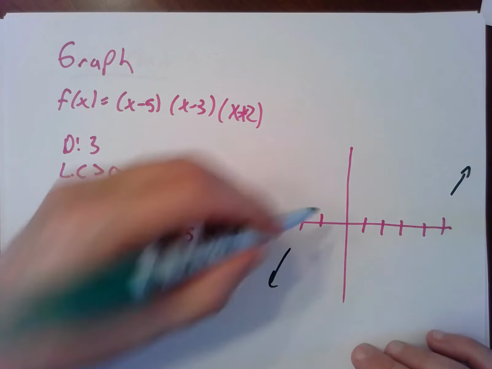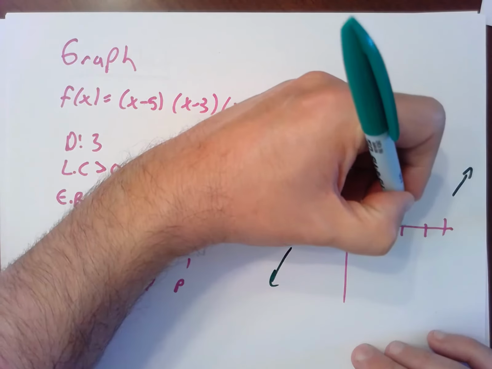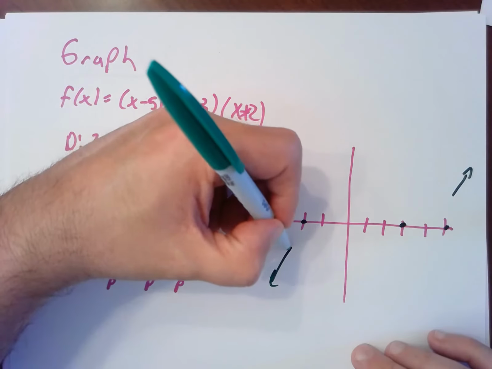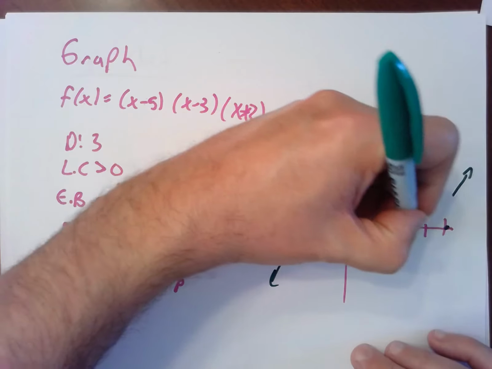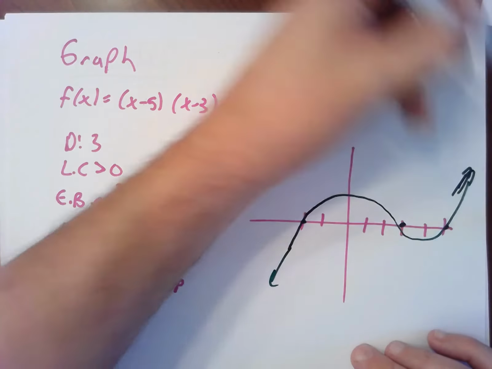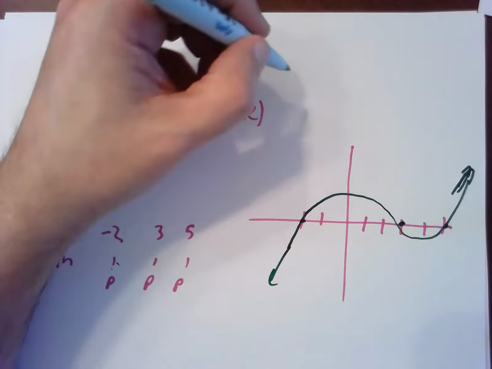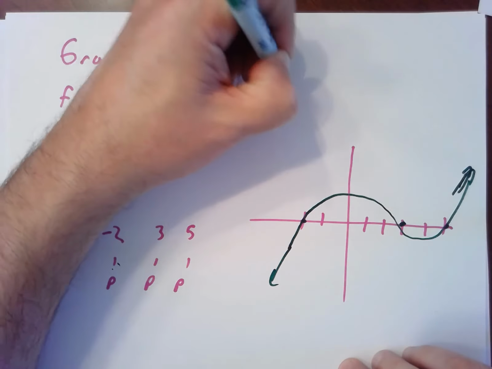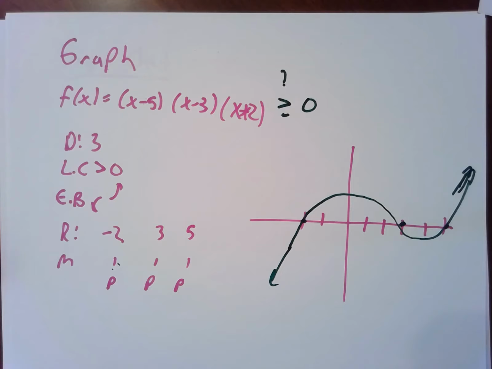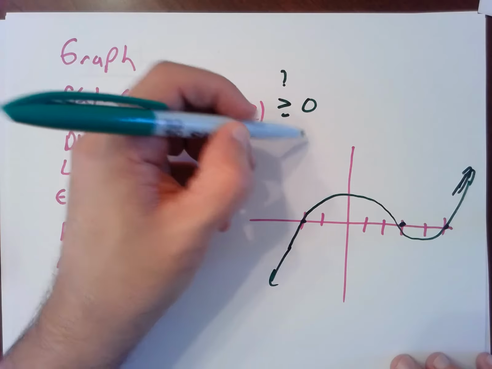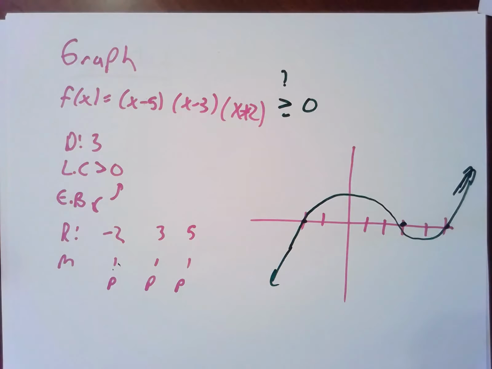There's my end behavior. Here are my roots. And I'm supposed to pass at each one. Oh, kind of missed there. And now what I'm trying to answer is where is this positive? So I could look at the picture itself and see where the graph is positive.